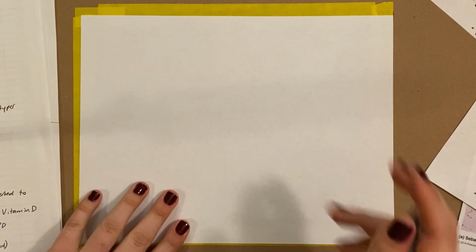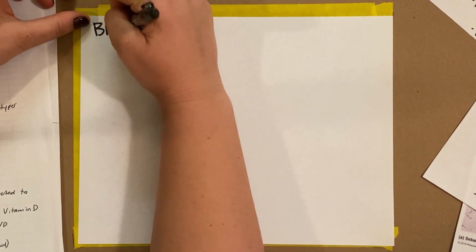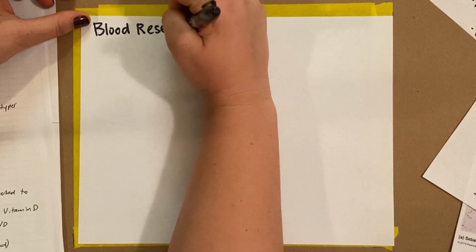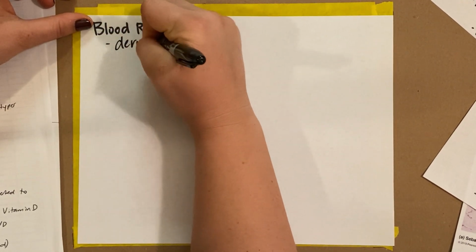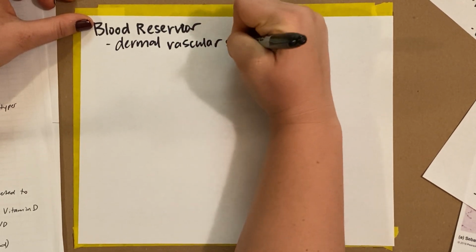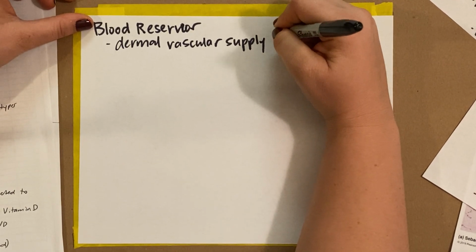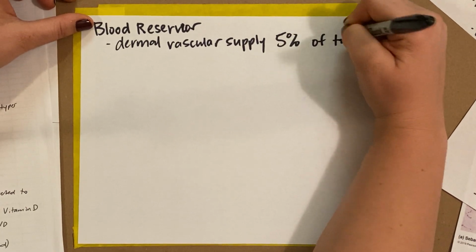An additional function is that the skin is going to act as a blood reservoir. So the dermal vascularization, or vascular supply, accounts for about 5% of total blood.